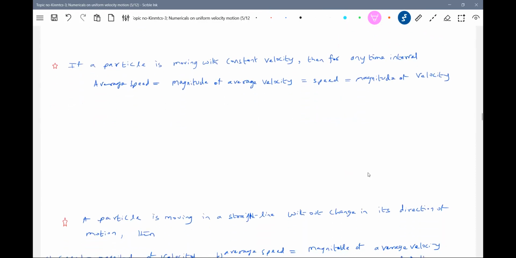If a particle is moving with constant velocity, then for any time interval, average speed is equal to magnitude of average velocity, equal to speed, equal to magnitude of velocity. I think that this again will take help of the graph. Then you go for the slope.